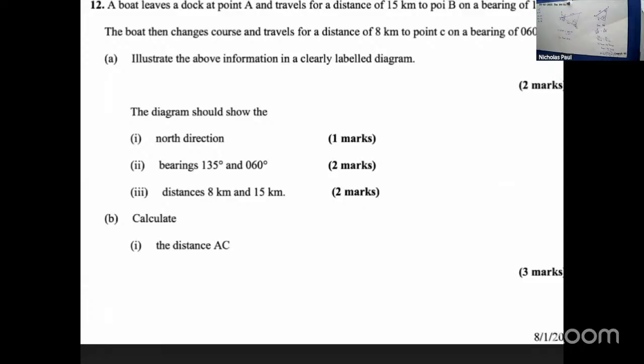All I want is the diagram. Then change the 60.